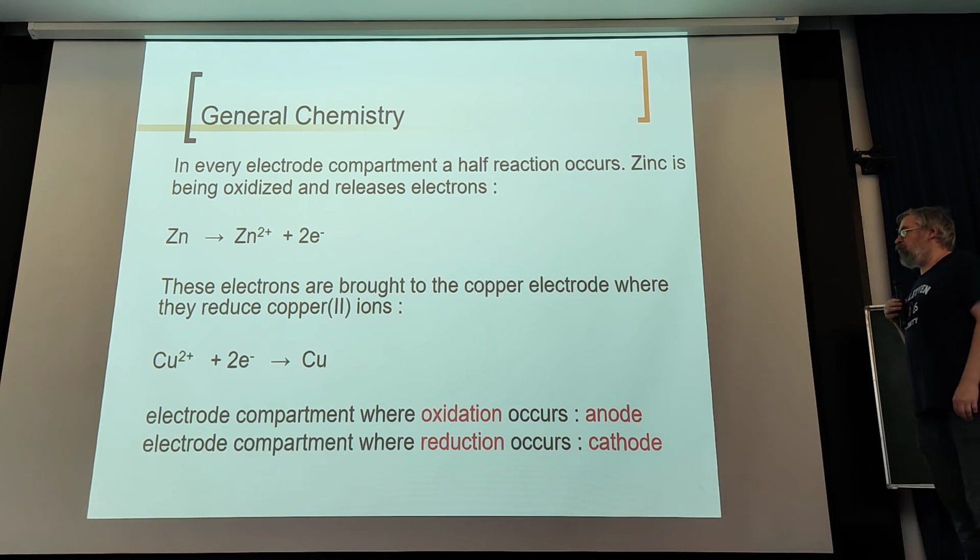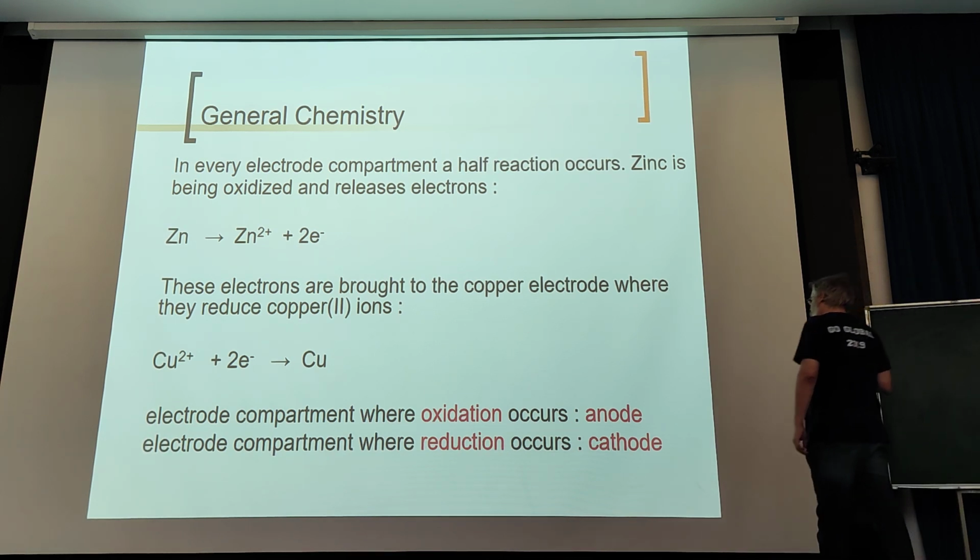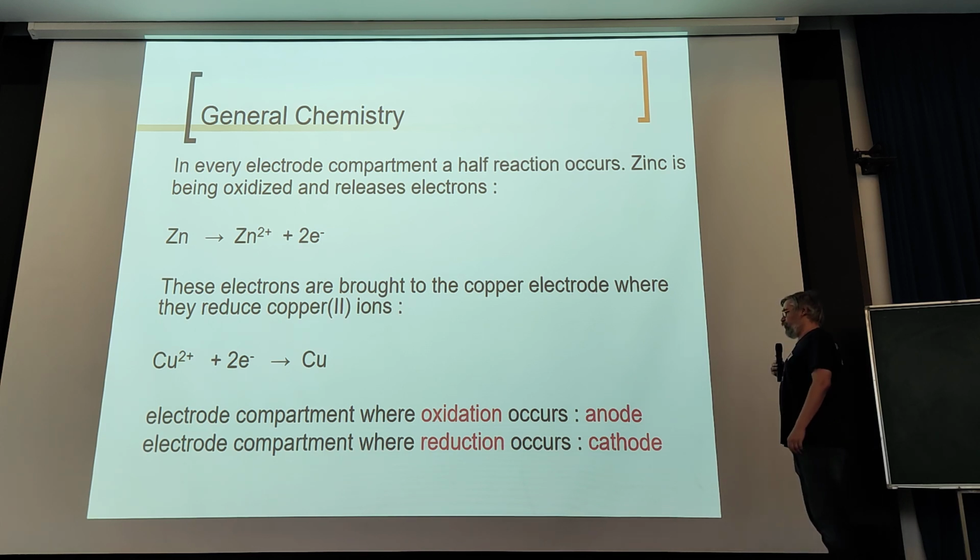So the compartment in which you have the oxidation is called the anode, and the one where you have the reduction is called the cathode.